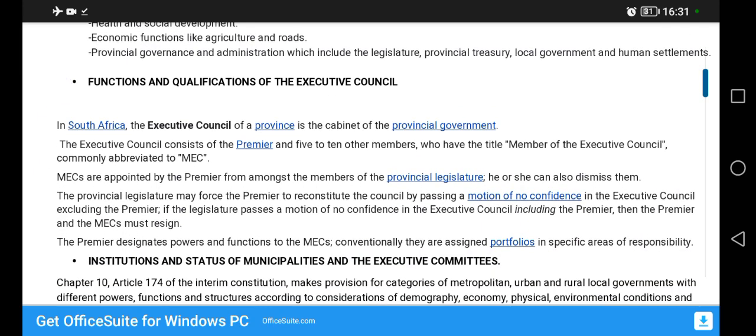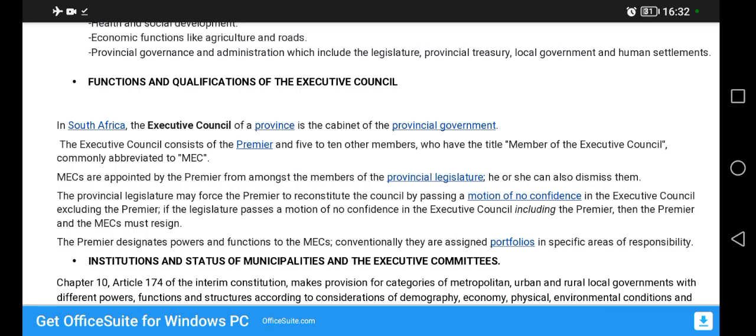So, the functions and qualifications of the Executive Council. So now we have what we call the Executive Council. The Executive Council, it is what? It is the cabinet. And I told you the cabinet is the president, deputy, and its ministers. But now we are talking about the Executive Council of a province. So the Executive Council of a province is the cabinet of the provincial government.